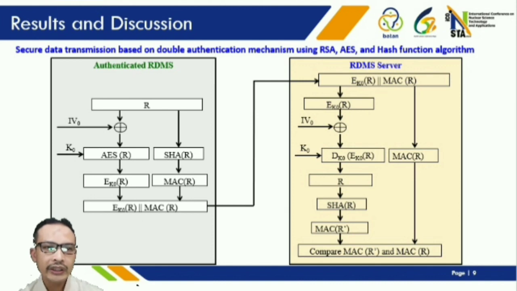So only data from the authenticated ADMS can be received by the server. The server will not receive data from unauthenticated ADMS by this mechanism. This is some of the defense in-depth implementation in our system to transmit the radiation monitoring data.